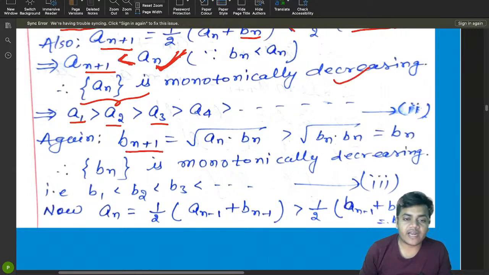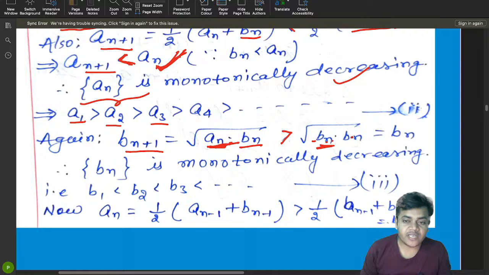But for bn, b(n+1) is given as under root an into bn. If we put bn in place of an, then according to the case an is strictly greater than bn, so if we replace this an by bn, then this will be strictly greater than under root bn into bn.